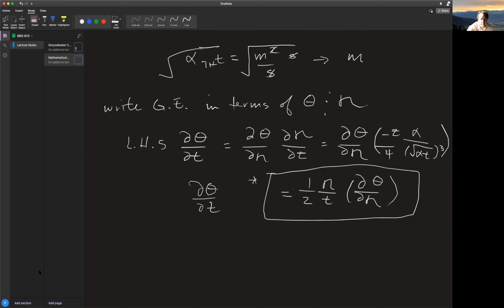So now I want to do the right-hand side, d squared theta dz squared.